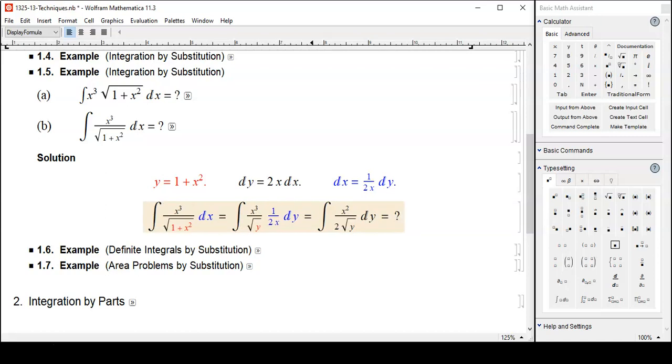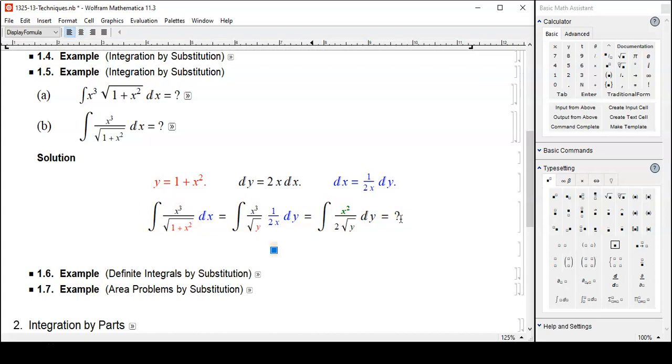Can we calculate it? We cannot, because I still have this leftover x expression. It's not entirely a y expression. So what do we do? Let's go back to the original. Y equals 1 plus x squared. X squared is y minus 1. And that green goes right over here.